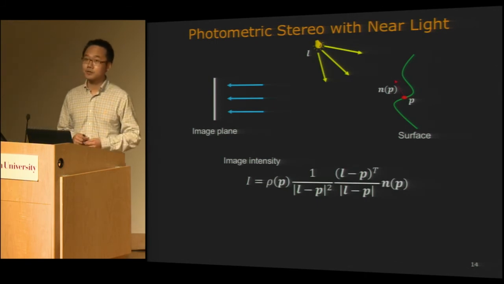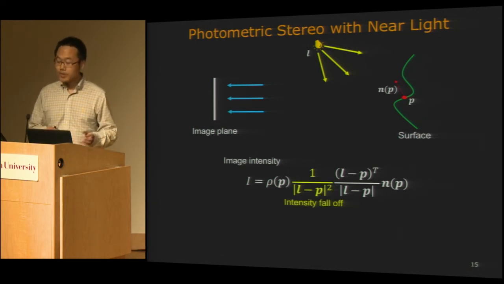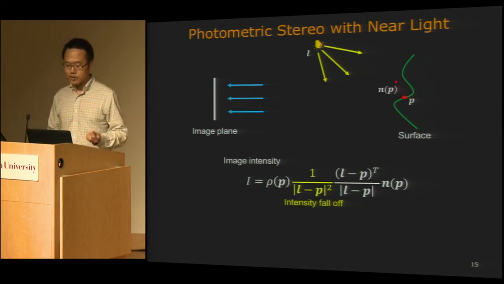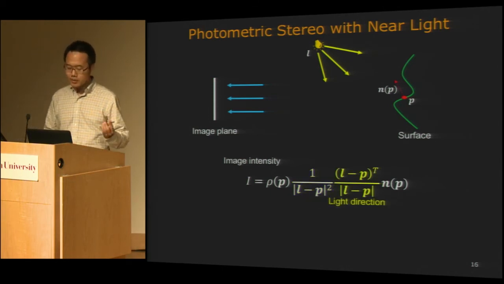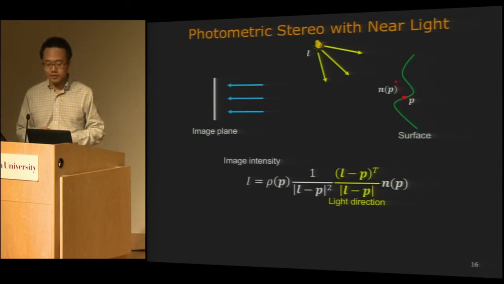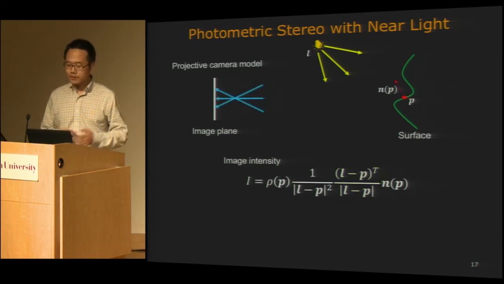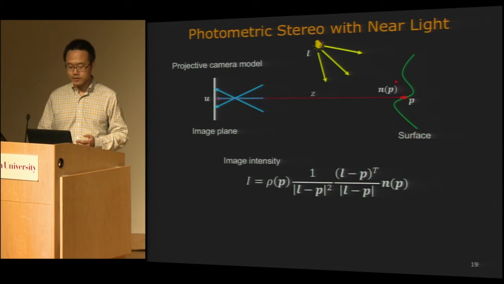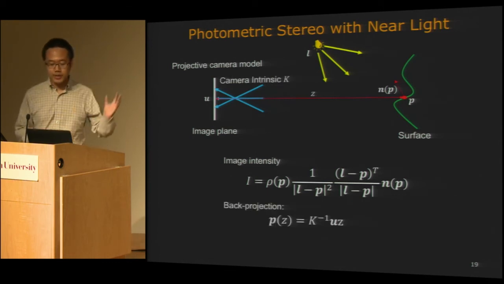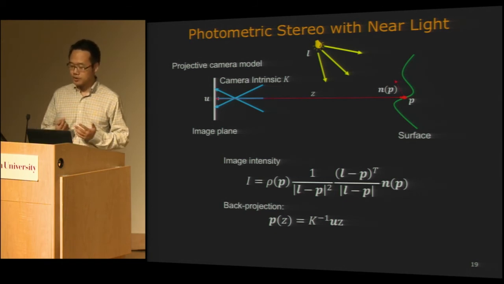But for a near-field point light source, this is not the case. Instead, for a point on the surface, the incoming lighting intensity undergoes an inverse square fall-off. This is described by this first term. Also, the incoming direction depends on both the light source position and the scene point position. More generally, for the projective camera model, given the projection of the scene point, if we know its corresponding depth and the camera intrinsic matrix, we can back project the pixel from the image domain into 3D space and get the 3D position of the scene point.